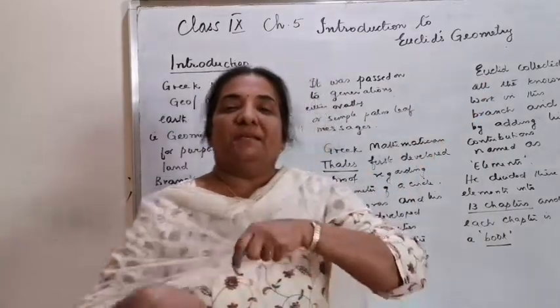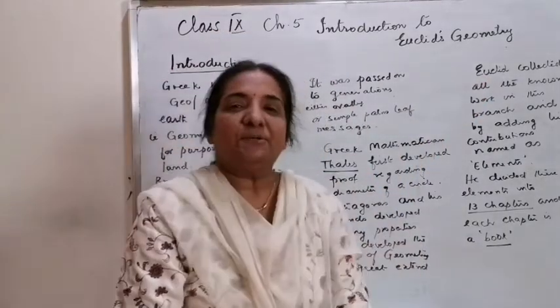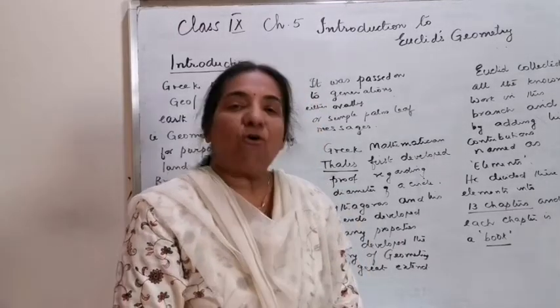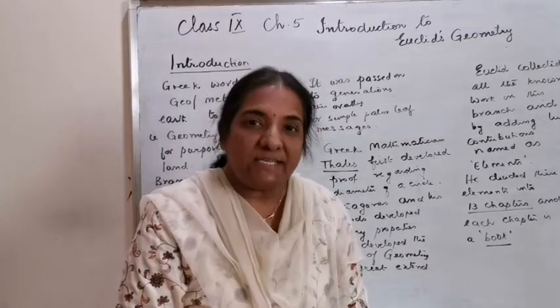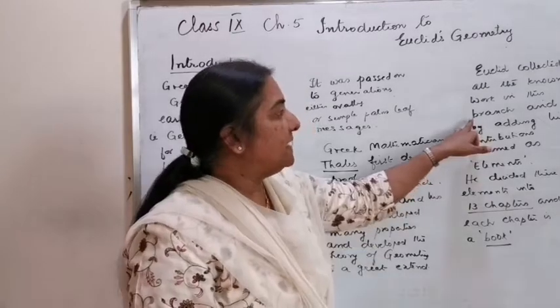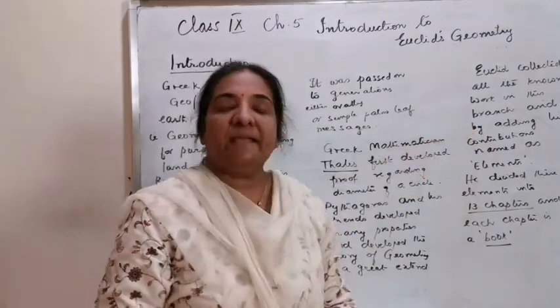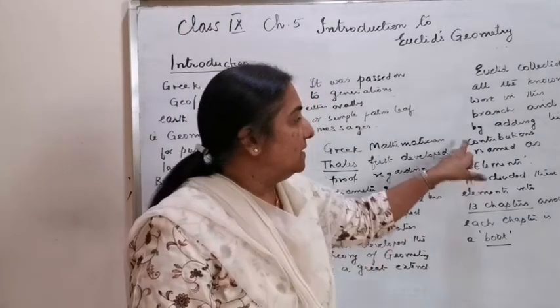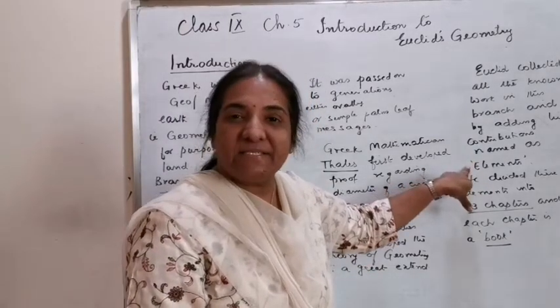Euclid, the next mathematician, collected all the known work from all these mathematicians, and by adding his own contributions, he made a book called Elements.